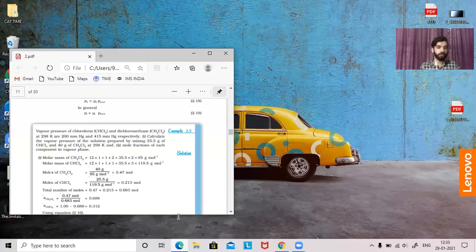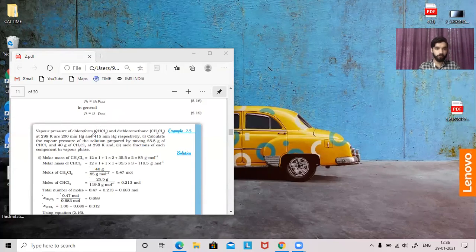This is a question in the NCERT itself. Questions in the NCERT are very helpful to reinforce concepts, because they show how to apply the Raoult's law that we studied. To simply understand that, these questions are very helpful. So we'll see the first question.